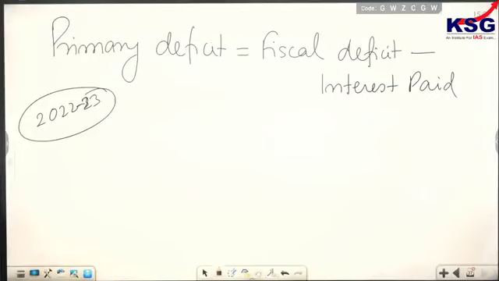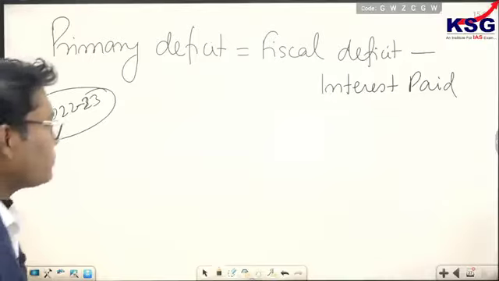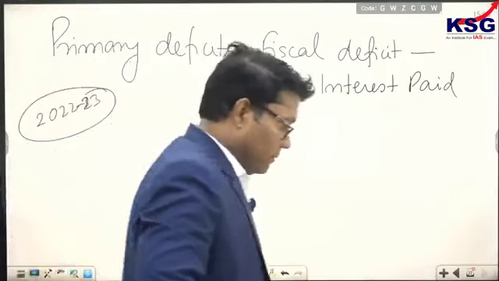But what exactly does primary deficit represent? Just think about the primary deficit concept.